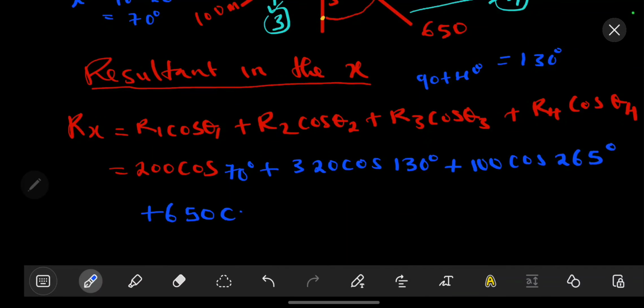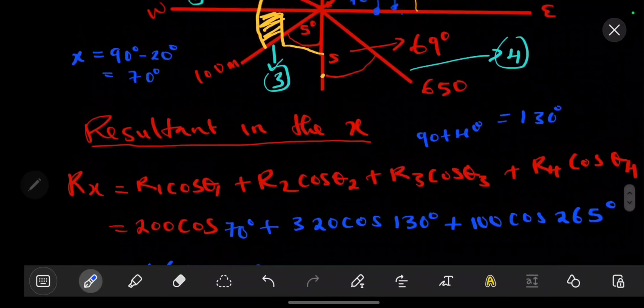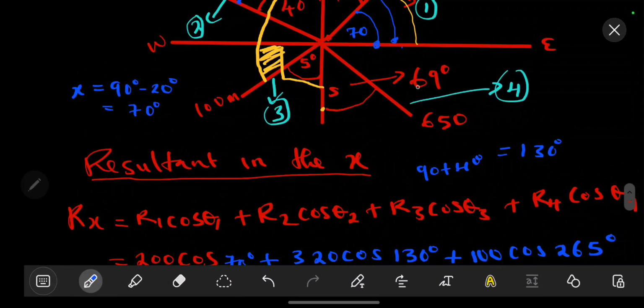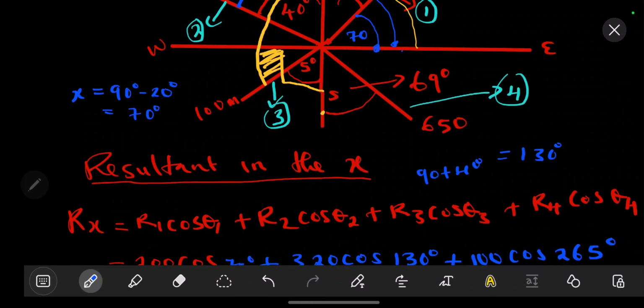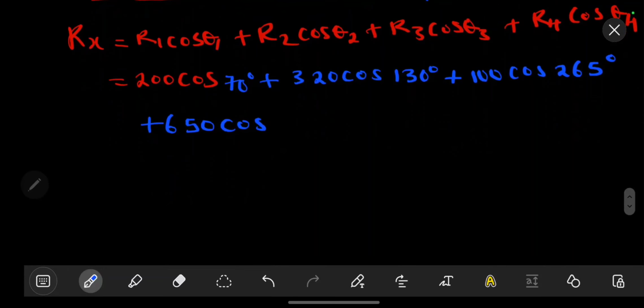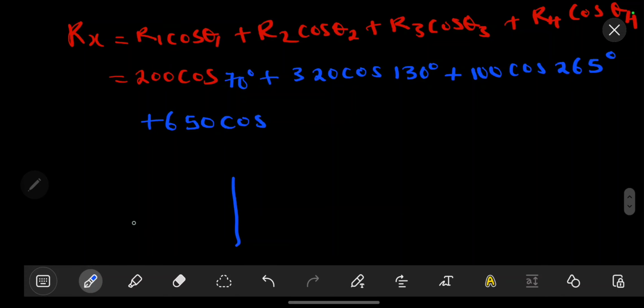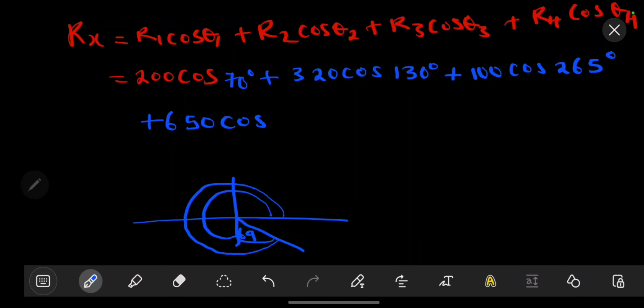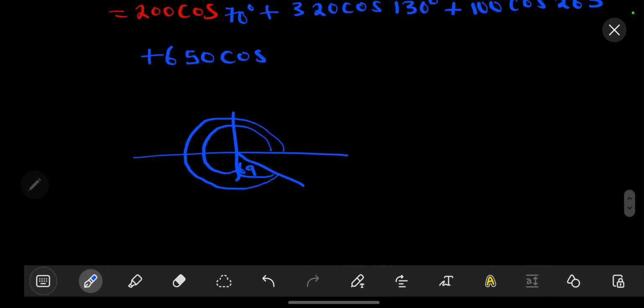Then we are going to attach the cosine of the angle. We know that this is 69. Let's just redo this one. We have something like this, moving like this. From here up to here, it is 270. Then we have a 69 here. To find the angle measured from the positive x-axis, which is the angle from here until you meet your point, we are going to add 270 plus 69.